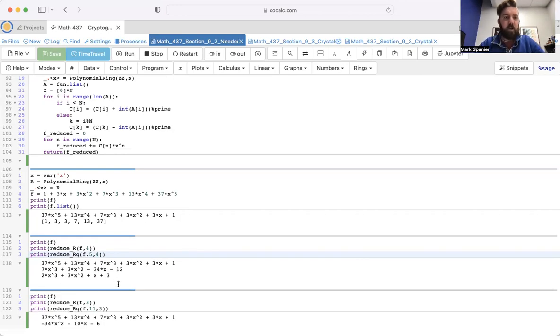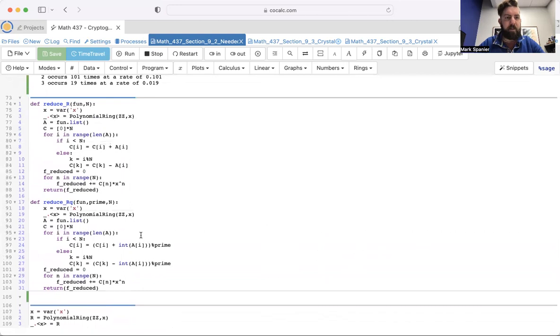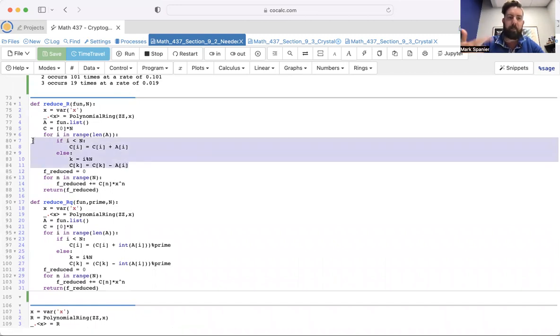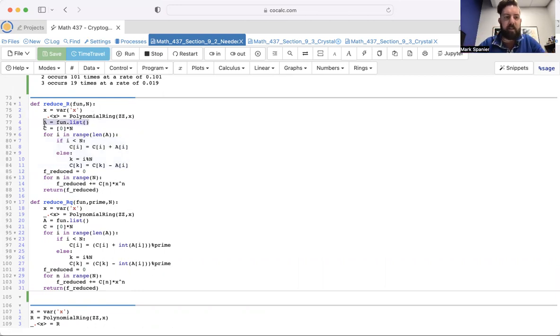Looks good. So the way that that's built up, if I go up into our little reduce functionality, it's the same thing that we did before, except that in this little for loop, as I go through, it's going to keep track of these little values and constantly add on to this little c_k. My polynomial is going to come in as a list.